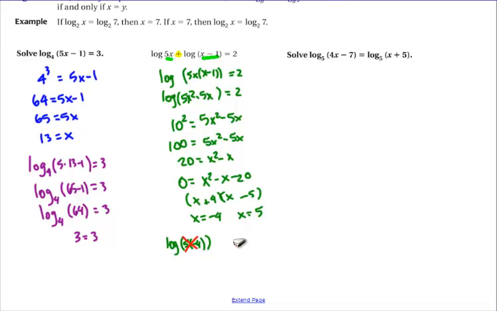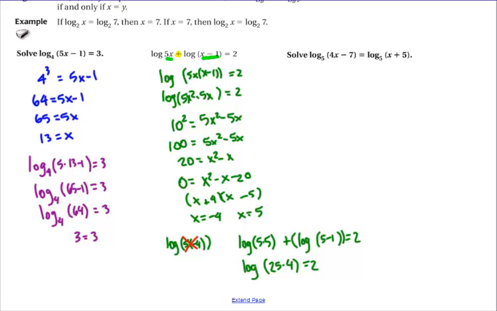On the other side, though, if I've got log of 5 times 5 plus log of 5 minus 1 equals 2, that's what I'm interested in. So remember, you can multiply the numbers on the inside. So this is log of 25 times 4, which is 100, which is 2.